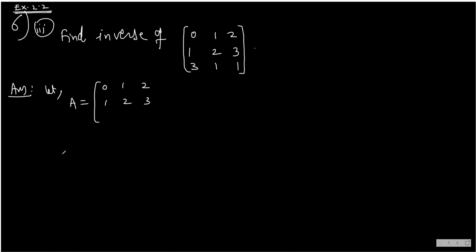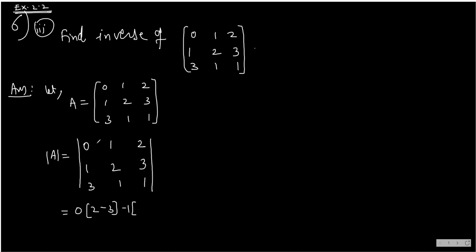So here determinant would be 0, 1, 2, 1, 2, 3, and 3, 1, 1. So what you will get? You will get 0 into 2 minus 3, minus 1 into 1 minus 9, plus 2 into 1 minus 6.